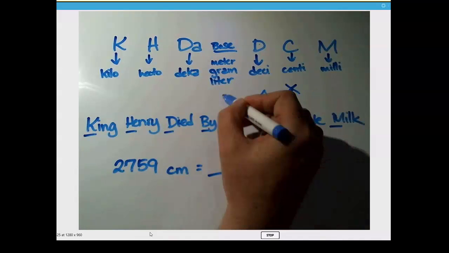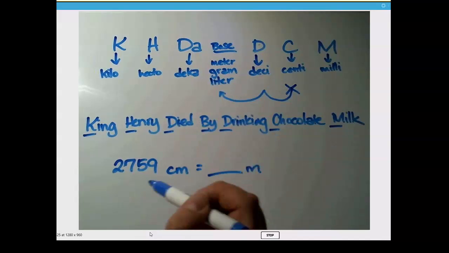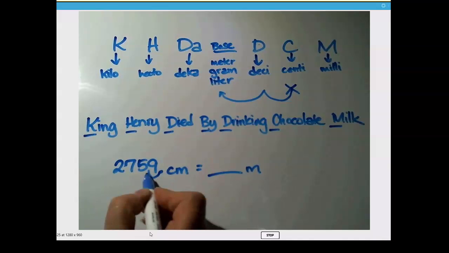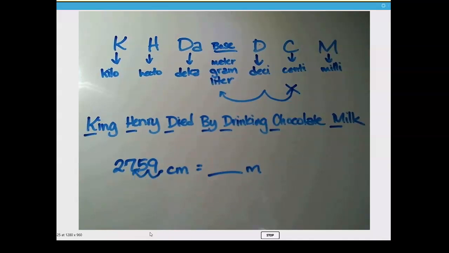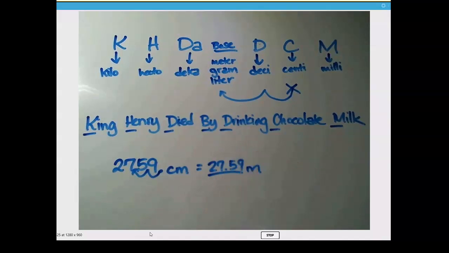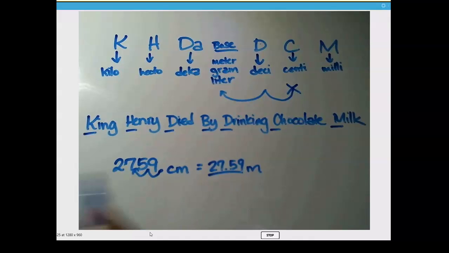So we need to move back 2 spots to the left, and that means that's what we're going to do with our decimal. We're starting back here. We need to move that 2 spots to the left, and now we're between the 7 and the 5. So 2,759 centimeters is the same as 27.59 meters, and that's it.